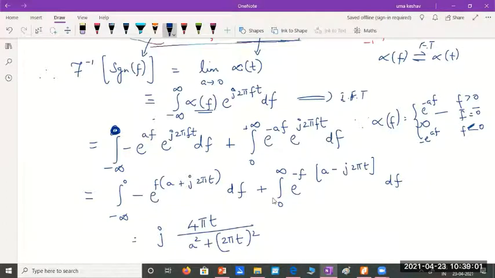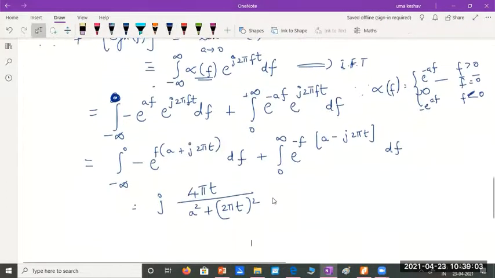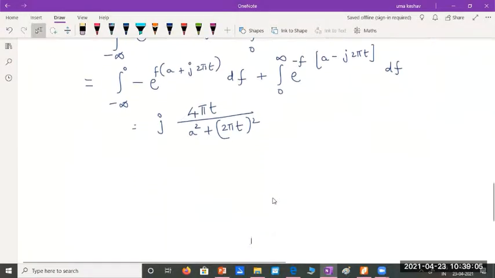I want you to simplify this a little more. All you have to do is take out the integral of e power af and simplify. I think if I simplify this much further, I'll know if this is right.